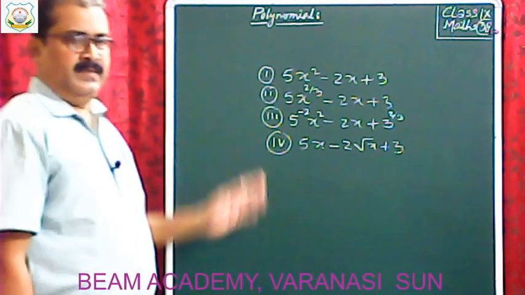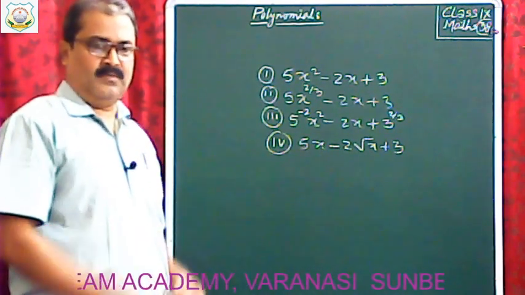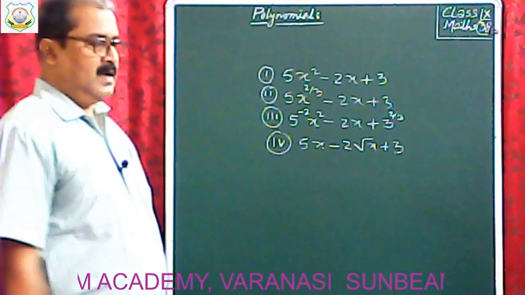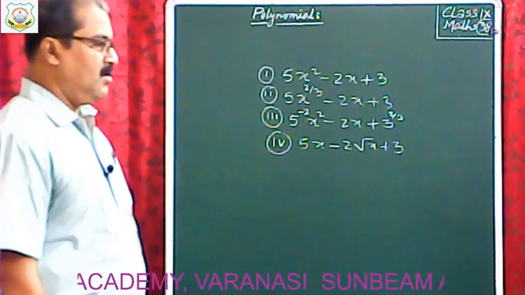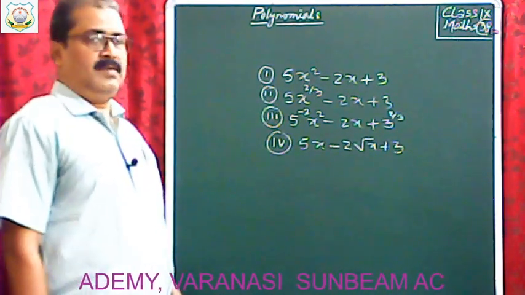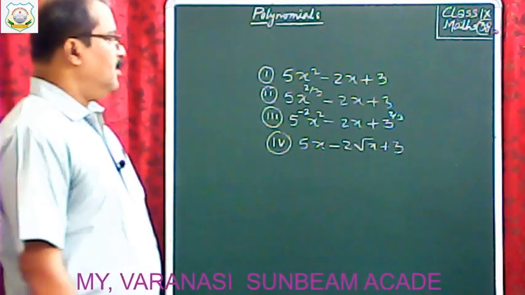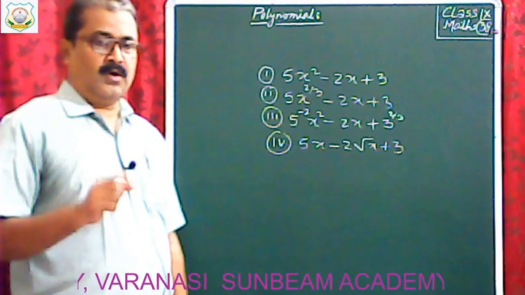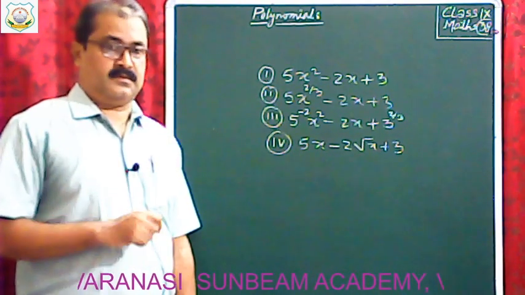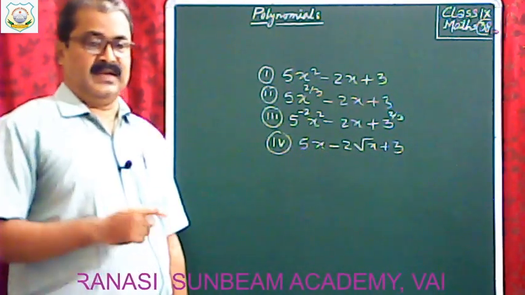All are algebraic expressions because they are a combination of constants and variables connected with fundamental operations or basic operations. Now you have to identify polynomials. So we have to check the power of the variable in the terms of the given algebraic expression.